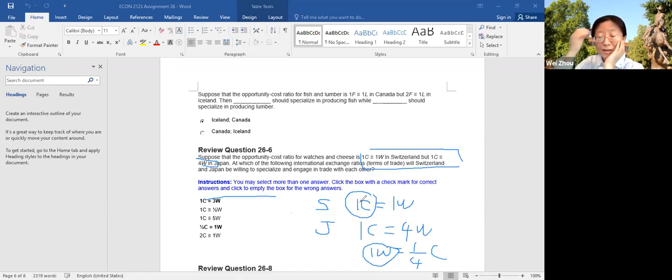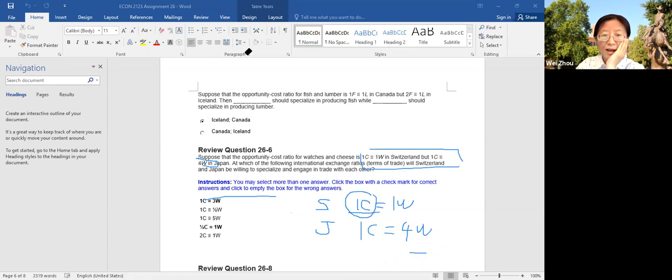So we already know who needs to produce what. But when Switzerland makes the cheese and Japan makes the watch, they're going to need to trade. So how the term of trade is going to be figured out. We already discussed it in the Mexican and the US situation, but let's take a look.